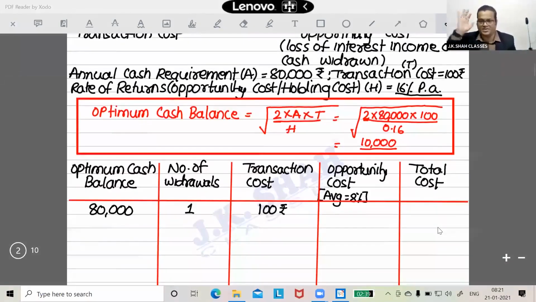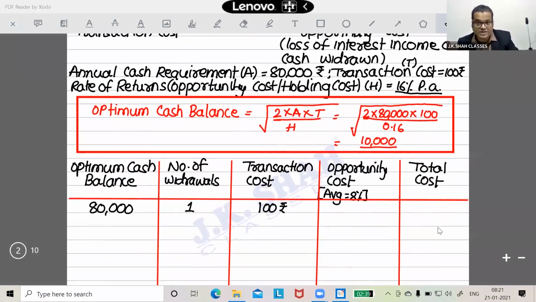So we will continue with our working now. How much interest will I lose? 8% of 80,000 comes to 6,400. Transaction cost I spent 100 rupees and I lost interest of 6,400. So what is my total cost, people? My total cost is 6,500.